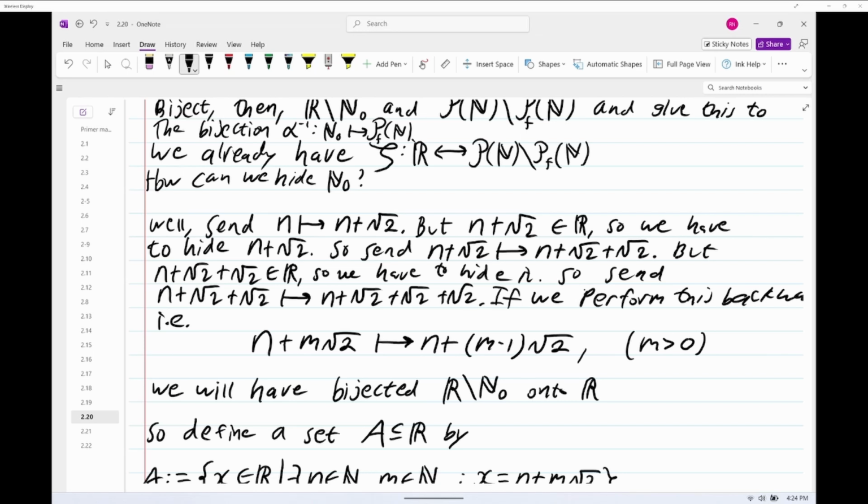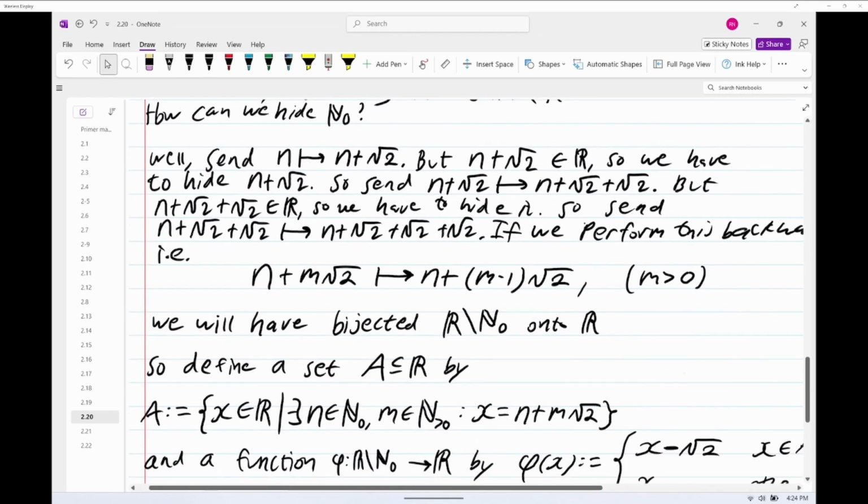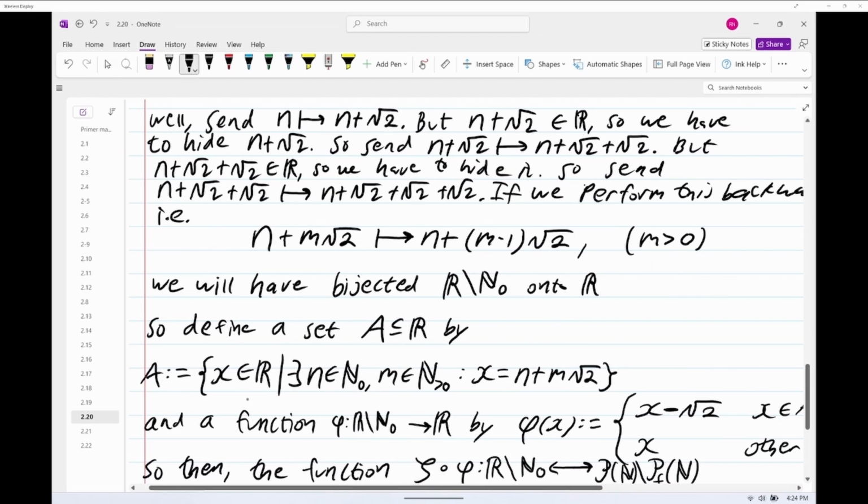So we define a subset of the reals, A, by real numbers such that there's a natural number N, which could be 0, and a natural number M, which is bigger than 0, such that x is equal to N plus M root 2. That's every number that looks like this. And all we have to do is take the square root of 2 off of it.